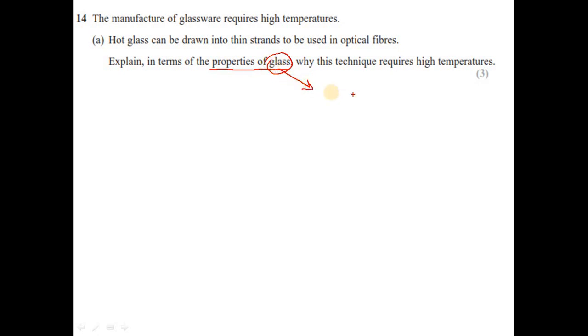So you can say that glass at normal temperature or low temperature, glass is a brittle material. That means it will go through very little deformation, or almost no deformation if some forces are applied, or it will shatter if the deforming force is increased.